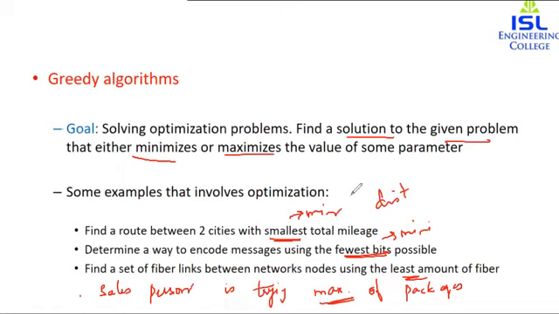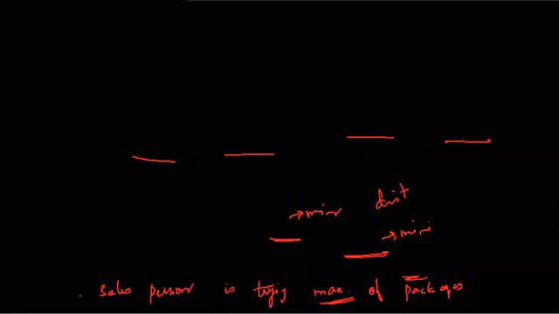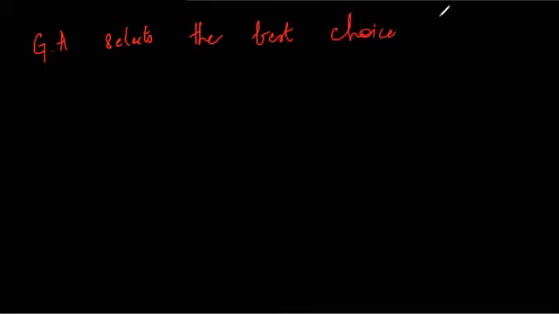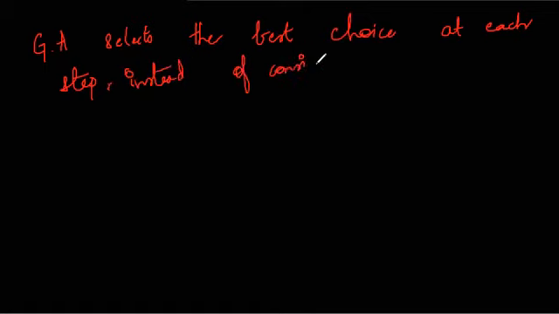So what a greedy algorithm does is it selects the best choice at each step, instead of considering all sequences of steps.